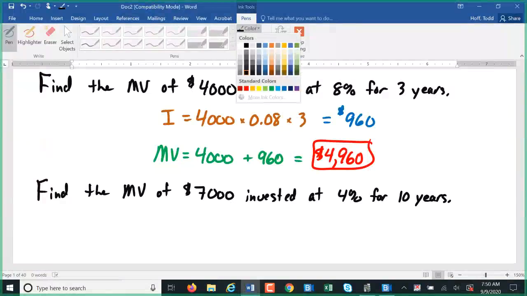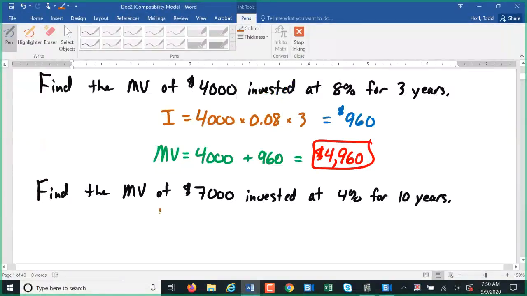The first step is to find the interest. Interest equals the principal, $7,000, times the rate, 4% becomes 0.04, times our time of 10 years.